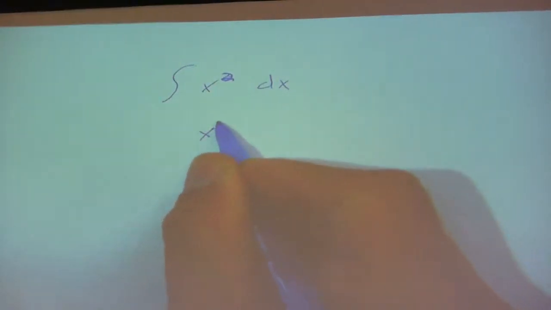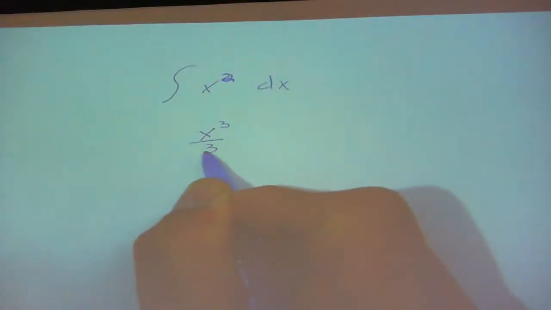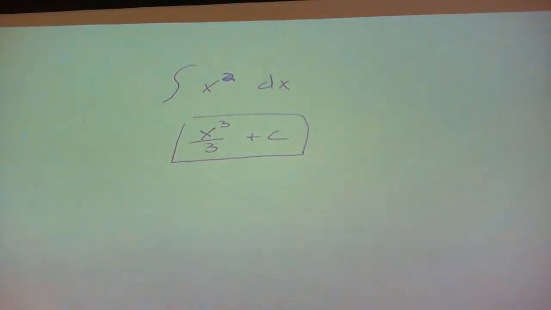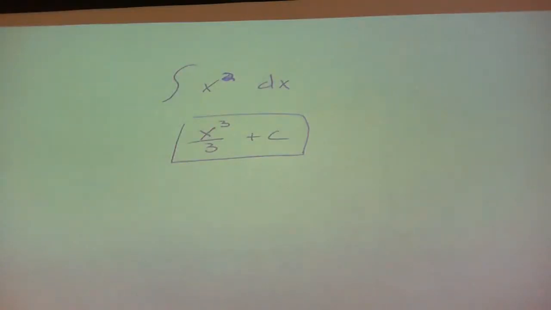Okay, what's the integral going to be? X to the 3rd over 3. Don't forget your plus c. And the plus c is going to represent any number that could have been there from the original. Okay?